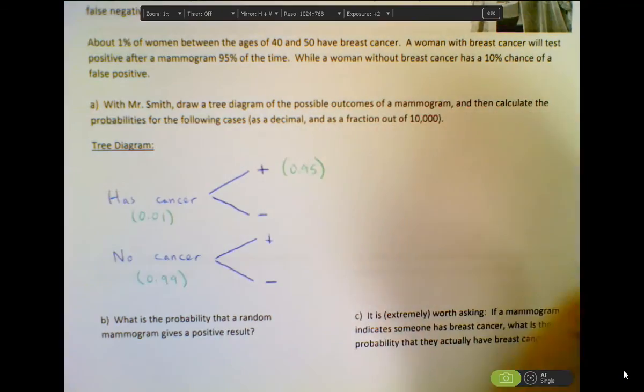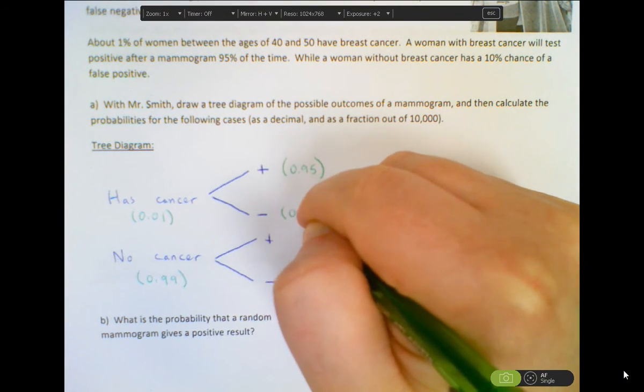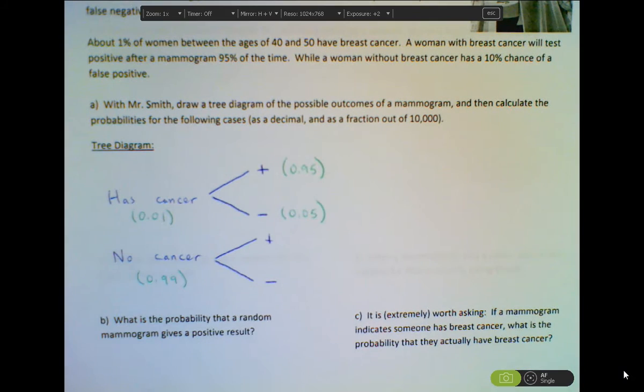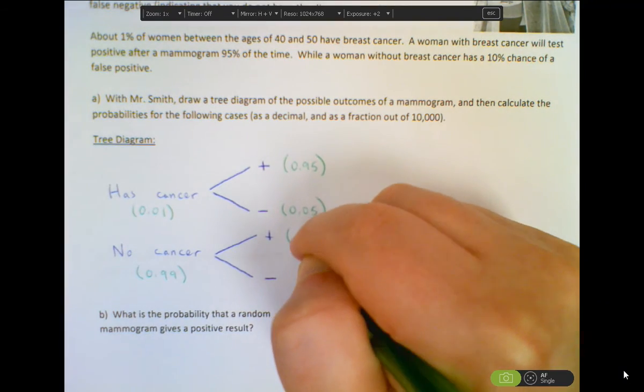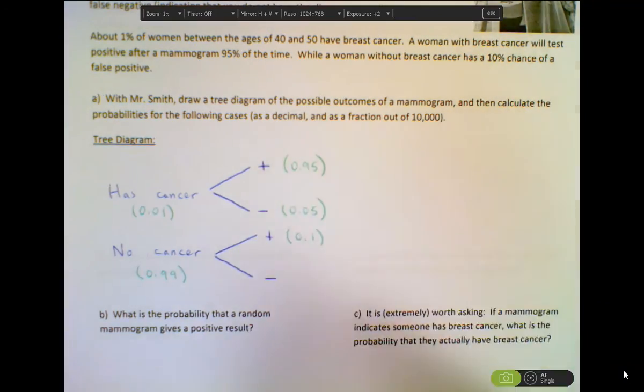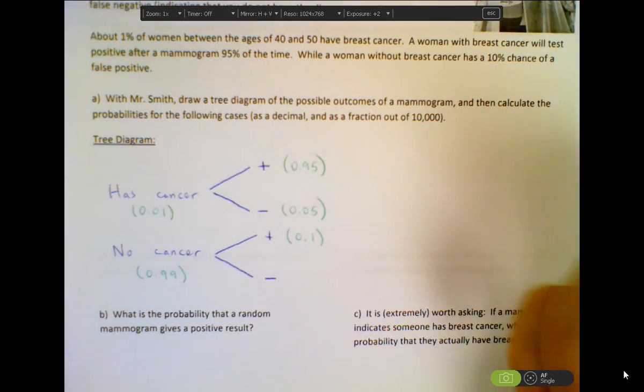That means that 5% of the time they're going to get a false negative, which means they have the cancer but the mammogram won't catch it. Our question also says, if a woman without breast cancer takes the test, 10% of the time they're going to get a false positive. So 0.1. If a woman has no cancer, the mammogram is going to come back positive 10% of the time. So it's not a perfect test.